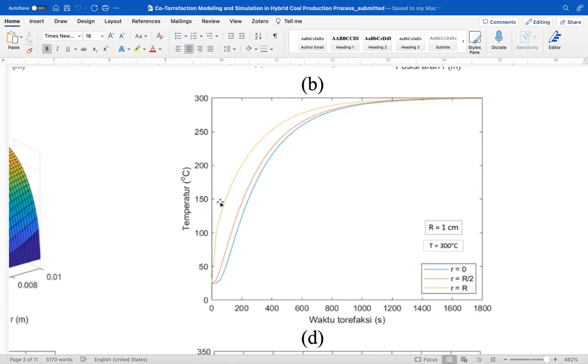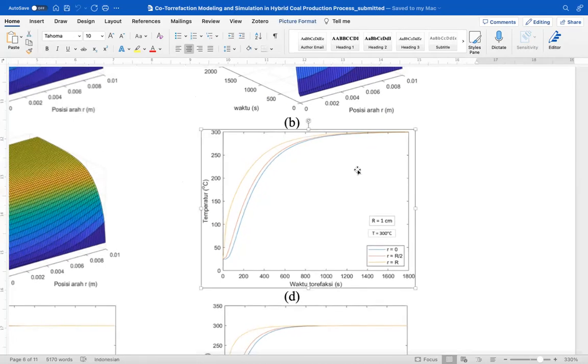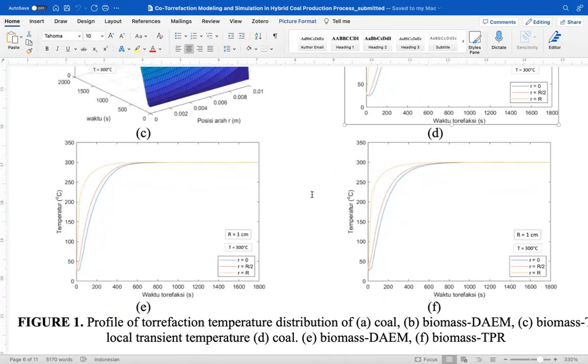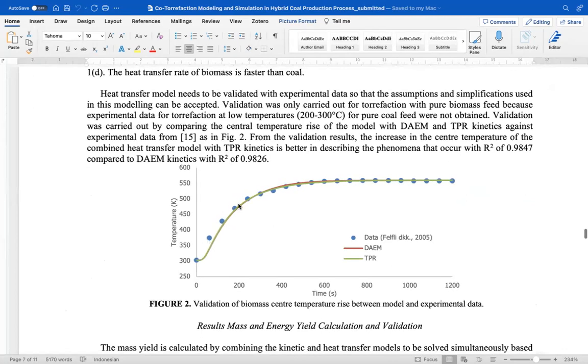So this tells you that we can model any shape or any type of phenomena. For example, this one is the unsteady case. And this has also been validated with data.